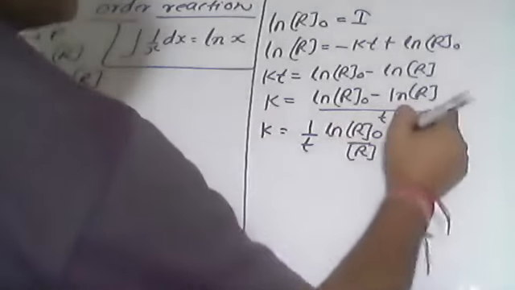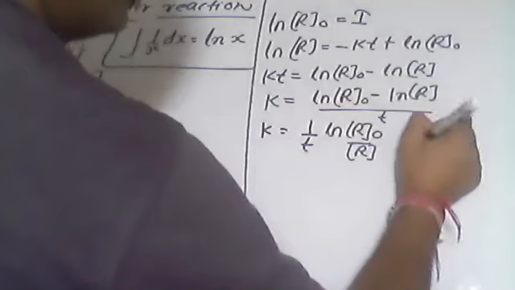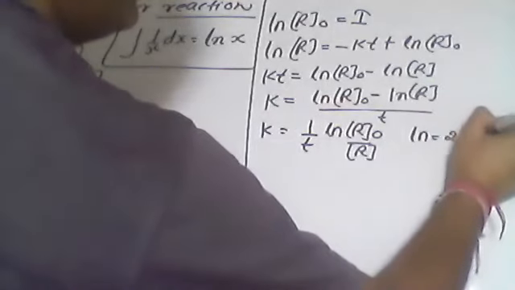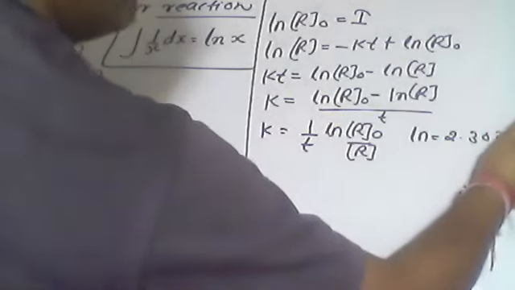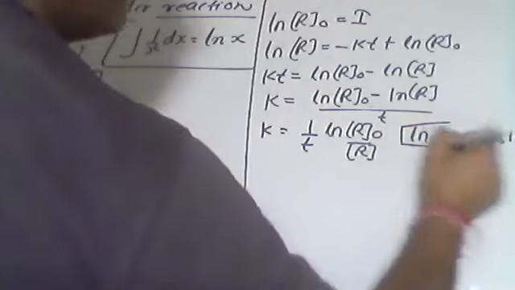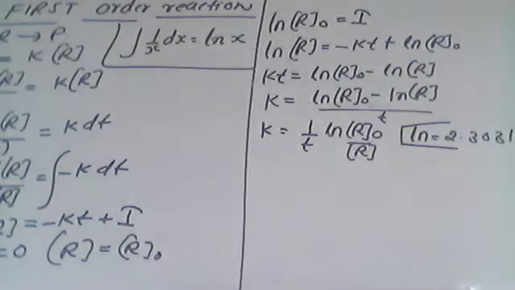One more thing we know is that natural log is equal to 2.303 times the normal log. So I'm going to put the values here.